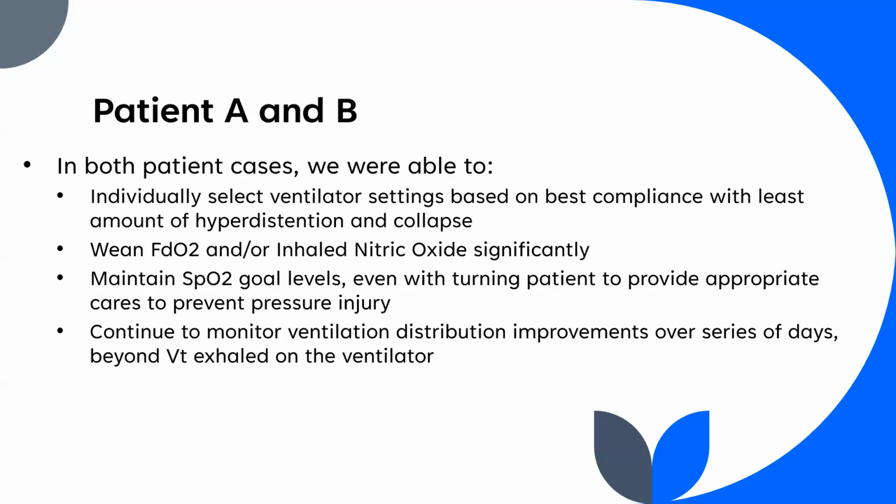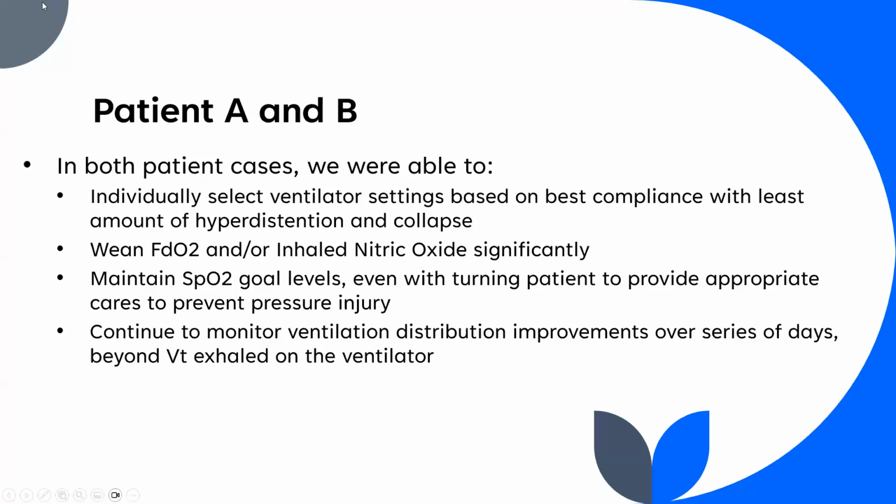And then we're also able to continue to monitor ventilation distribution improvements over a series of days, beyond our tidal volume exhaled on the ventilator. So having more quantitative results to be able to say what improvements we're making, are we having a setback.